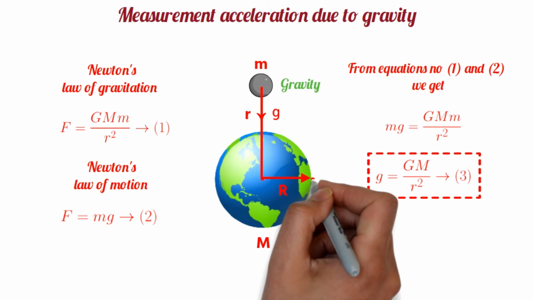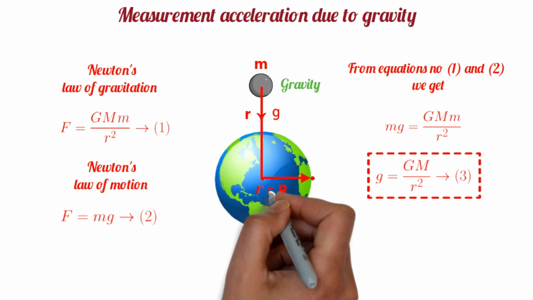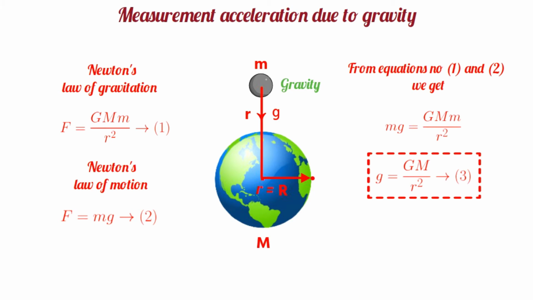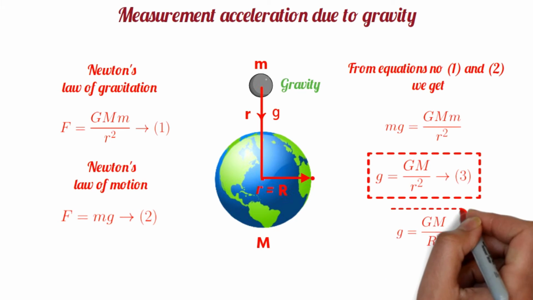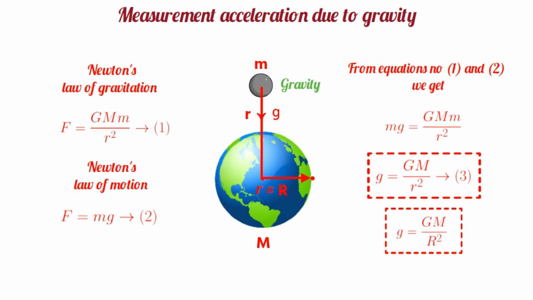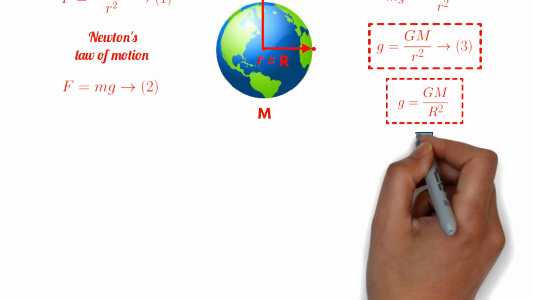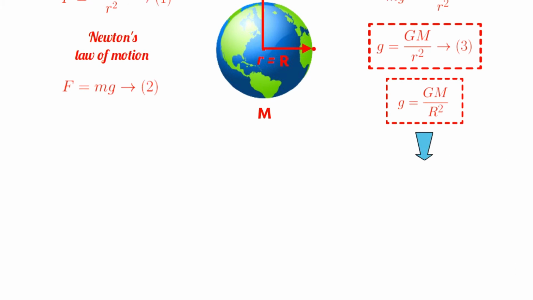For any point on the surface of the Earth, small r is equal to capital R. So from equation number 3, we can write g is equal to GM by capital R square. This is the formula for measuring the acceleration due to gravity, on the surface of the Earth. From this relation, we find the average value of g, on the surface of the Earth.